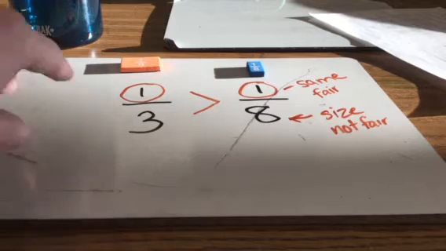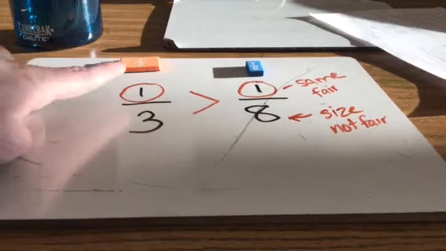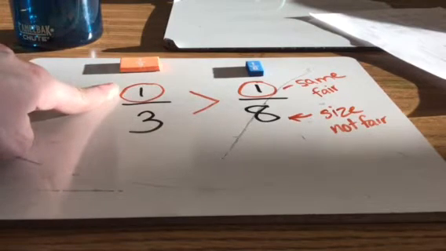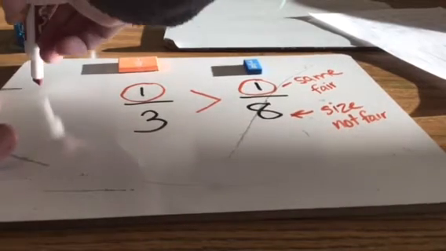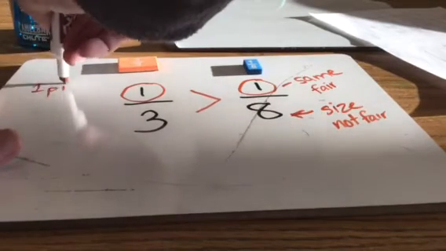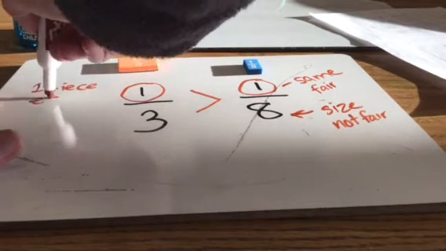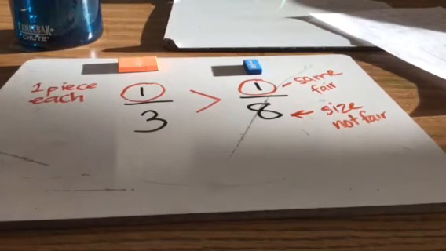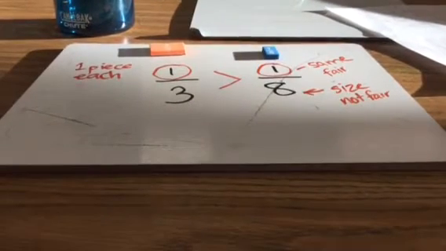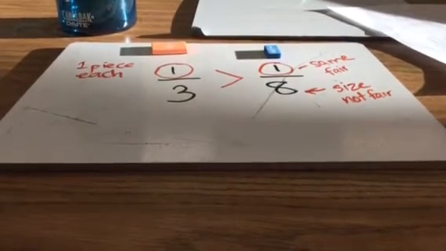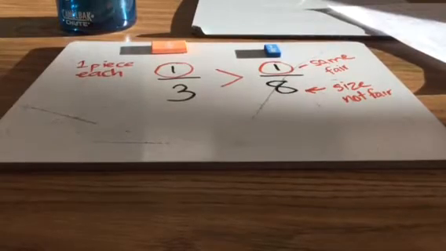To recap, we checked to see if anything's the same, and we saw that the numerators were the same. So everybody gets 1 piece. It's like you and your brother or you and your sister, you each get 1 piece. But the size of your pieces is different, so you have to compare the size of those pieces.